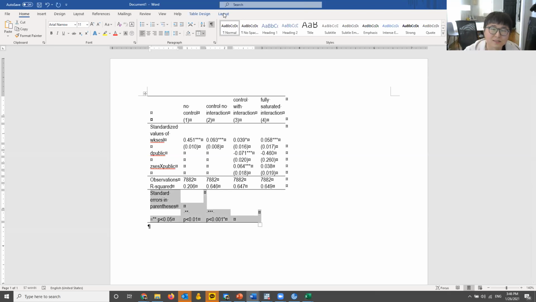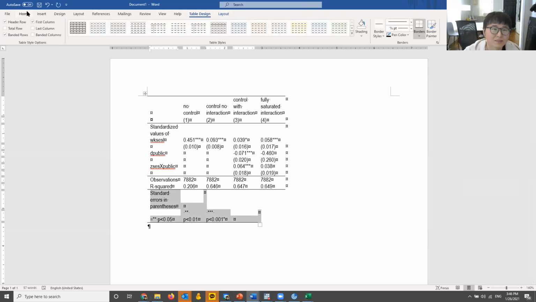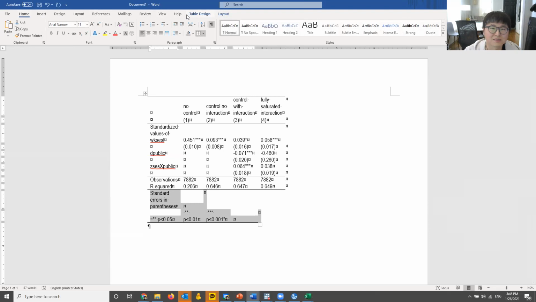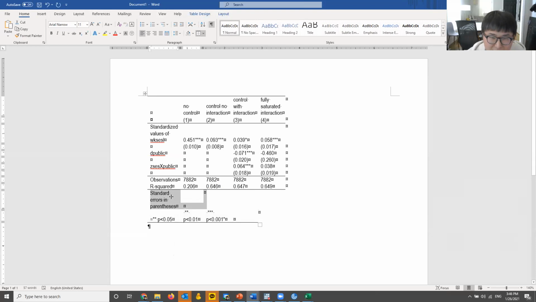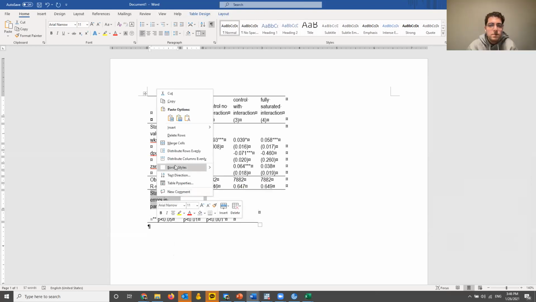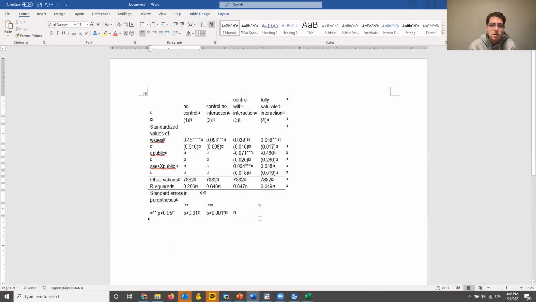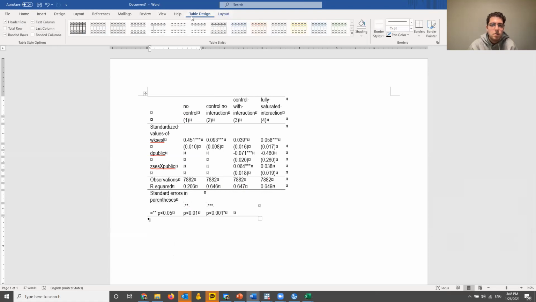And you know, you just go here, merge. Where's merge? I'll just do this. Anyways, you can merge cells. So I think you have to go to the table design tab at the top.